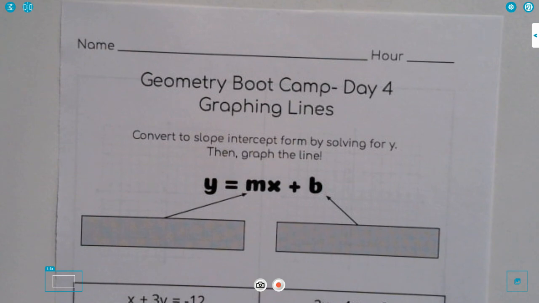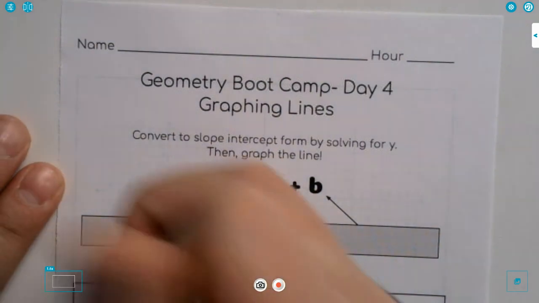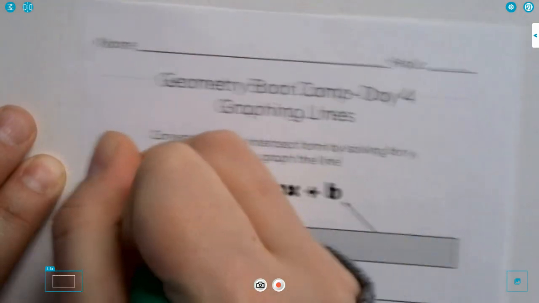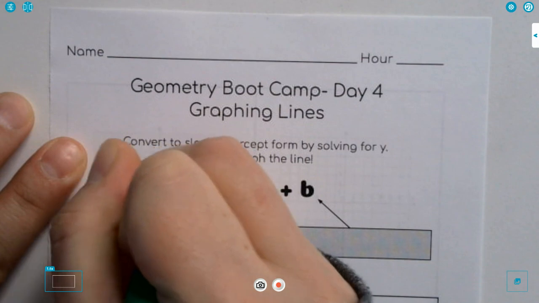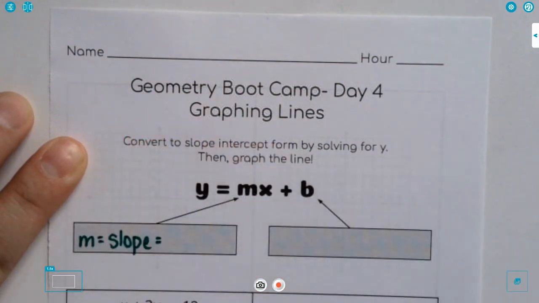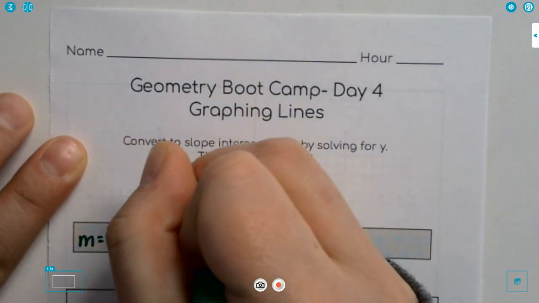So with slope-intercept form, which is y equals mx plus b, anybody remember what m is? Slope. M is always your slope. So m equals slope, which equals rise over run.